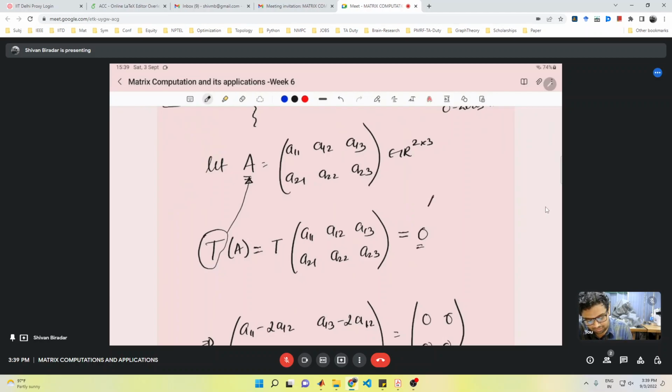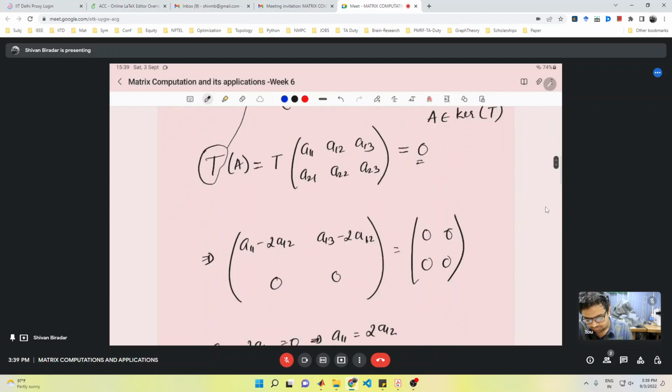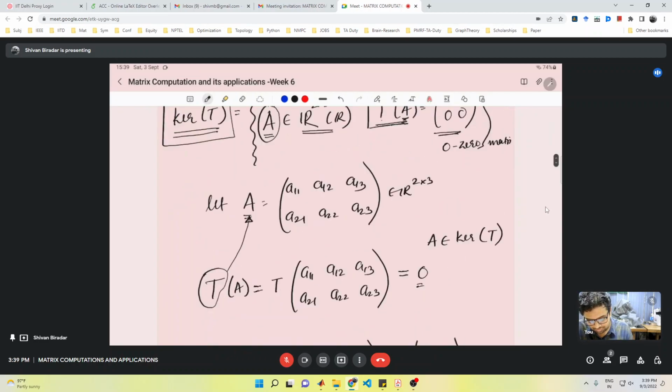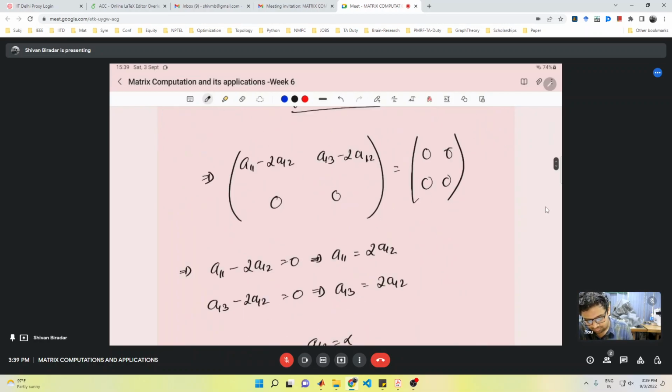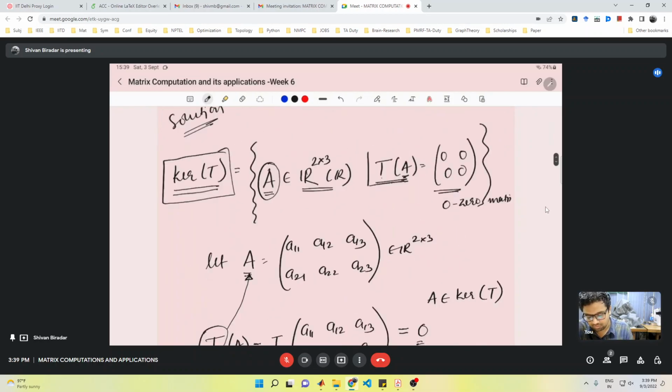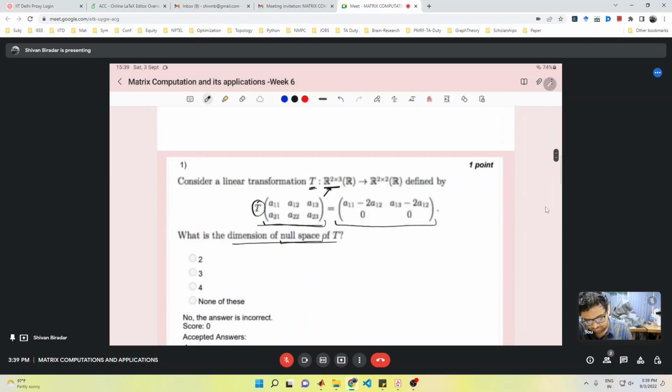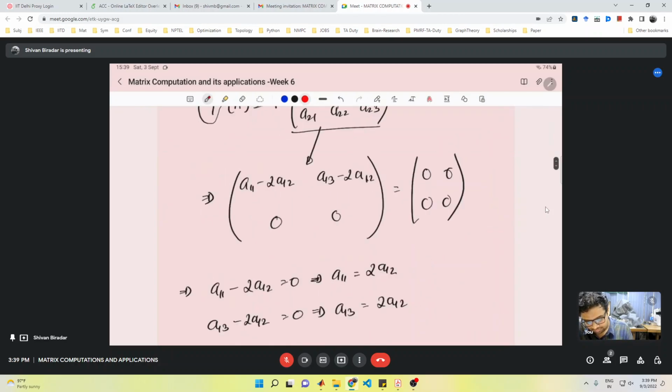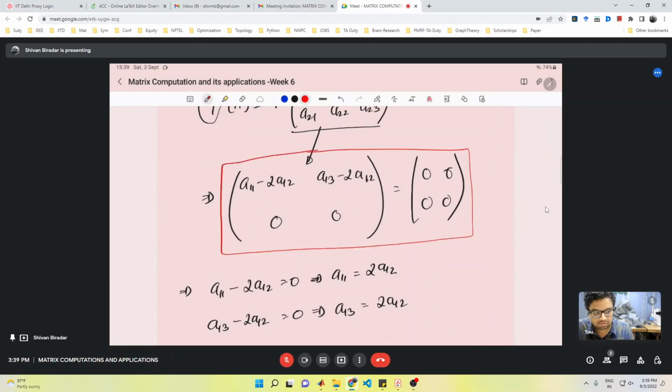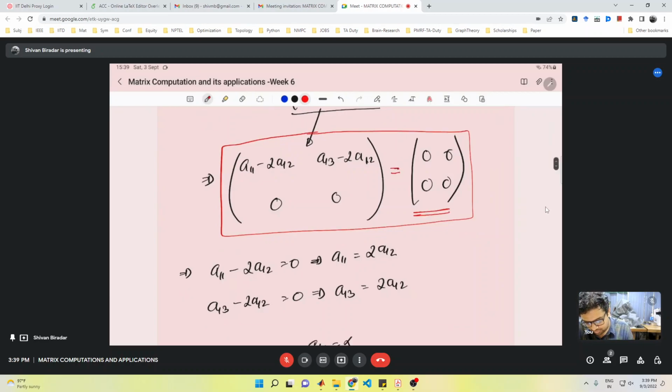This means that A belongs to the kernel of transformation T. We know the transformation of this matrix A is equal to this matrix, which is already given in our question. Because A is in the kernel of T, we get a zero matrix. From this, we can calculate the values of A11, A13, and A12.